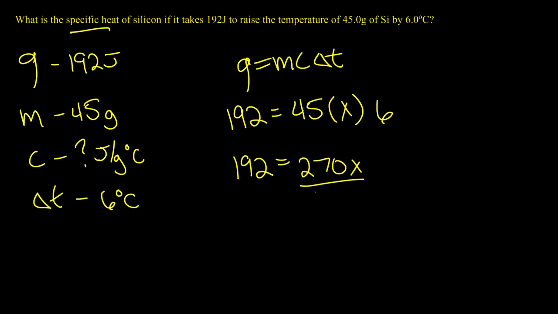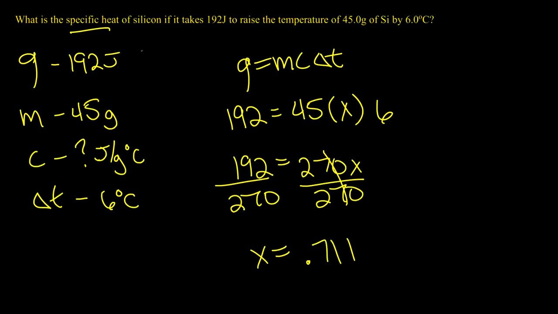Divide by the value with x, so 270 cancels out. 192 divided by 270 gives me 0.711, but we need a unit. This was in joules per gram degree Celsius. Use the units of all your other variables to produce the unit for a specific heat.